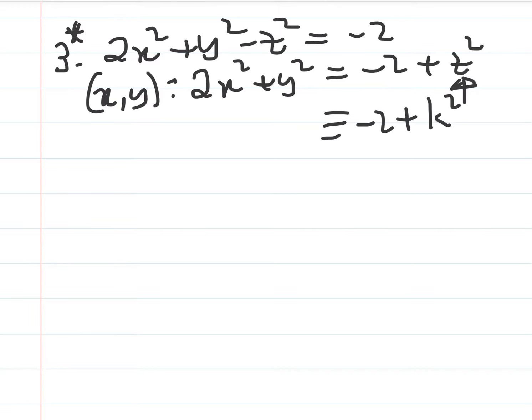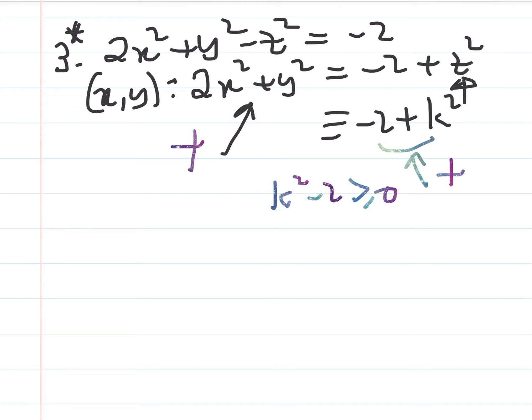Now on the left hand side, you've got 2x squared plus y squared, which has to be always positive, which means that the right hand side has to be positive also. For the right hand side to be positive, this constant here has to satisfy certain properties. So you have to have k squared minus 2 must be positive or 0.